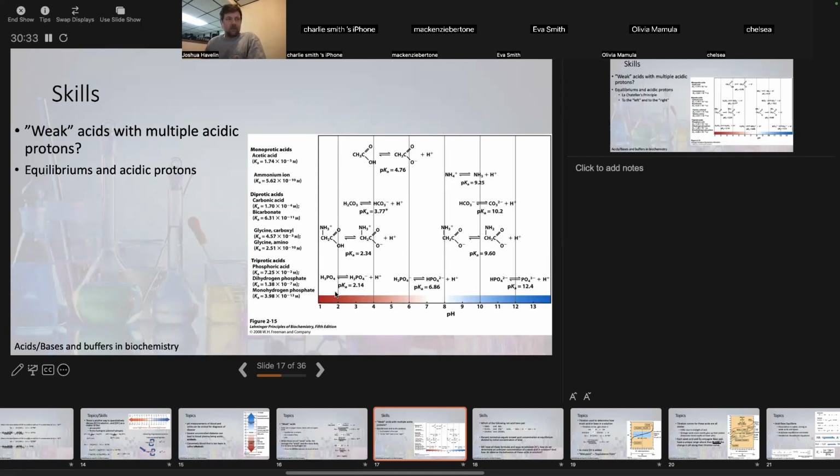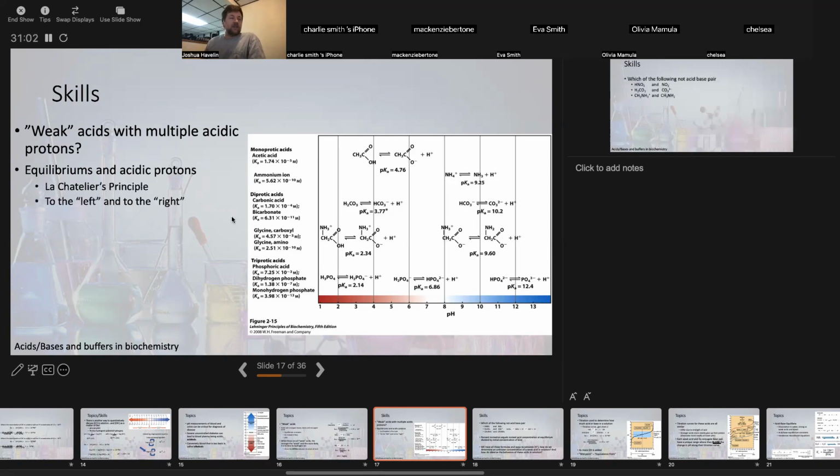And why this matters is because each one of those acidic protons has its own unique pKa. So the first, being the most acidic, has a pKa of 2.14. The second, the middlest of acidity of the 3, has a pKa of 6.86. And then the least acidic has a pKa of 12.4, which is fairly weak, I guess is where we'll leave it from there.